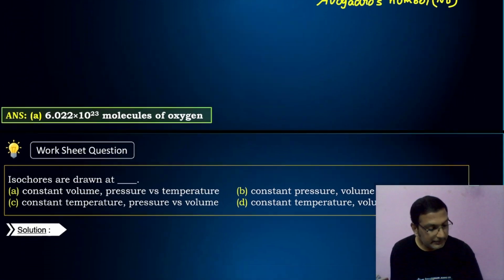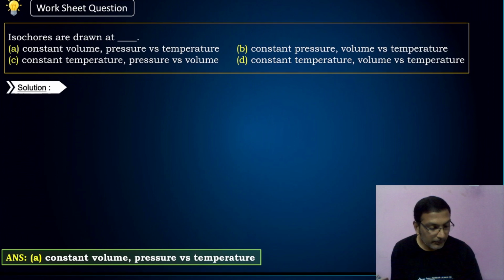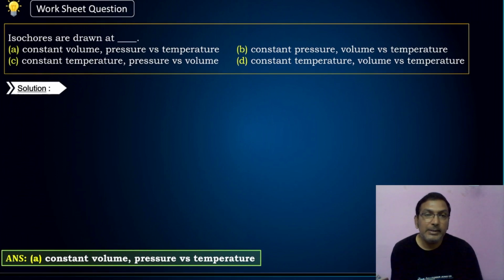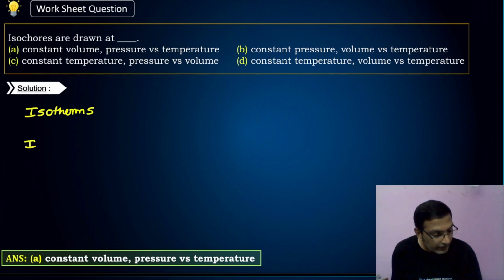Next. Isochores are drawn at... Here remember these three terms: isotherms, isobars, isochores.